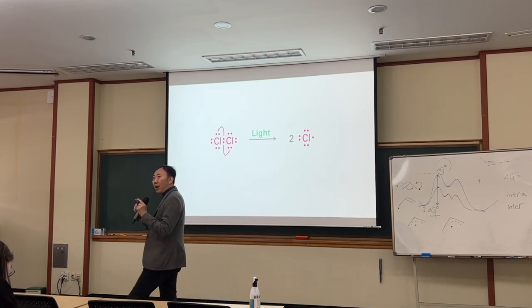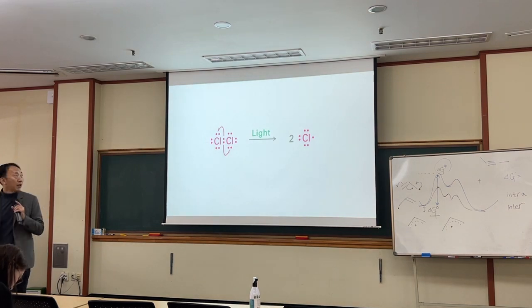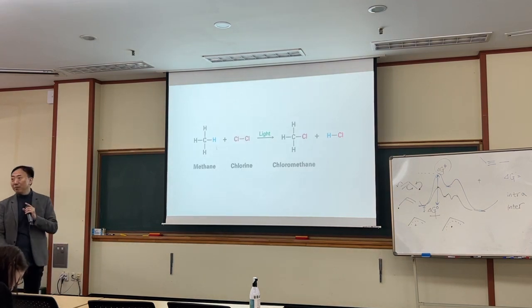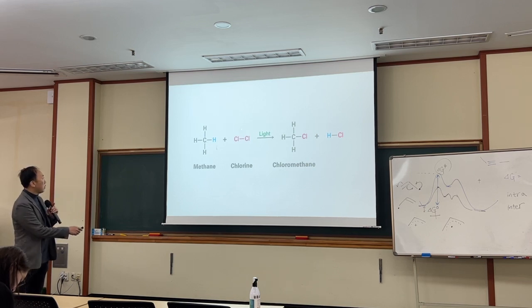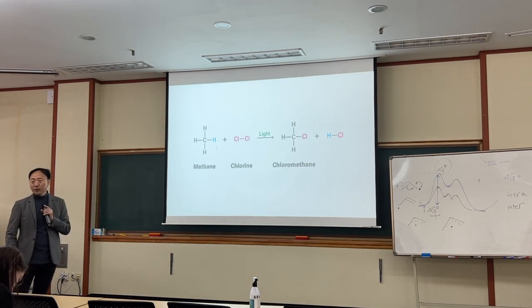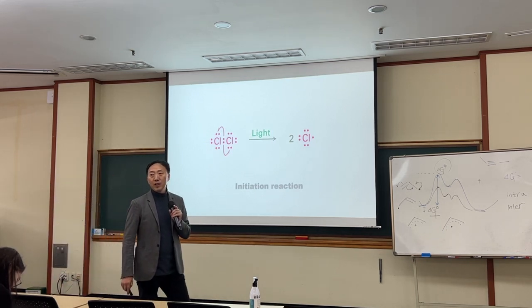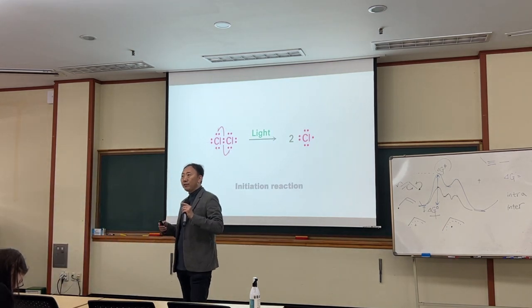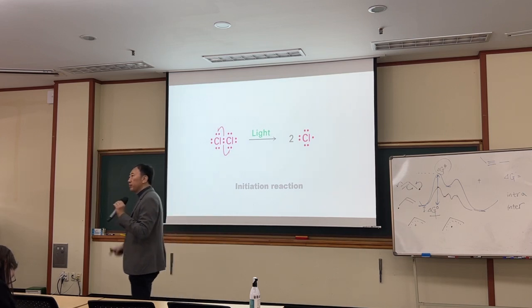The Cl bond has half the dissociation energy compared to carbon-carbon. That's why, if you have a mixture of these and just heat it up or shine light on the whole mixture, this will be broken first. So that is a kind of initiating material. Typical ones are chlorine, bromine, or hydrogen peroxide. Those can be dissociated to generate radicals.